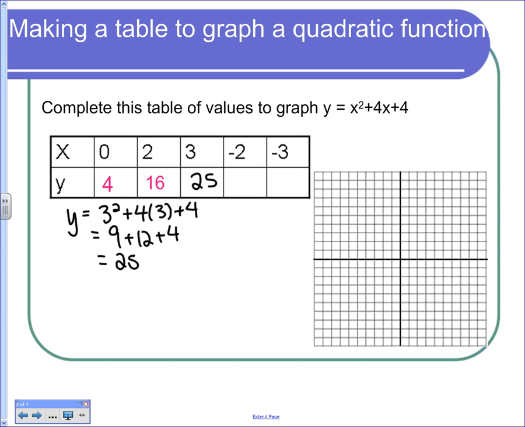Okay, what if you plugged in negative 2? 0, okay. If you plug in negative 3? Make sense? Where those numbers are coming from?